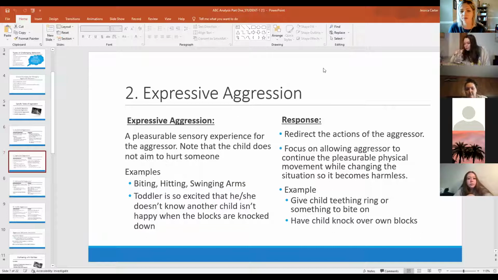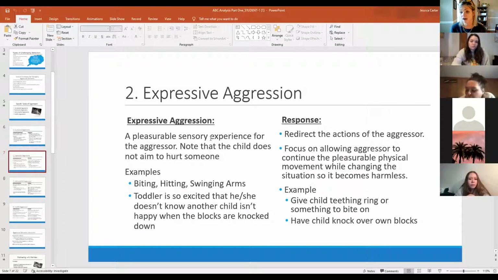All right, the second type of aggression then is expressive aggression. I mentioned some of these before, when, like, biting yourself or another person could be an example of expressive aggression. It is a pleasurable sensory experience for the aggressor. They are not really intending to hurt someone.